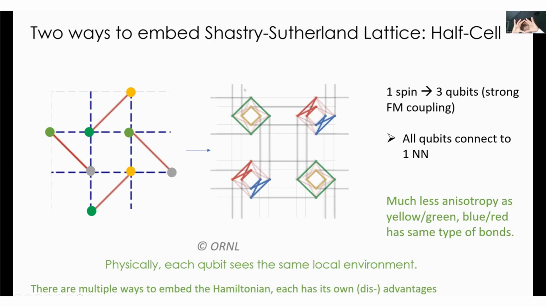You join those 4 qubits very strongly using superconducting connectors. So they basically behave like 1 single qubit, and that you call your 1 spin.